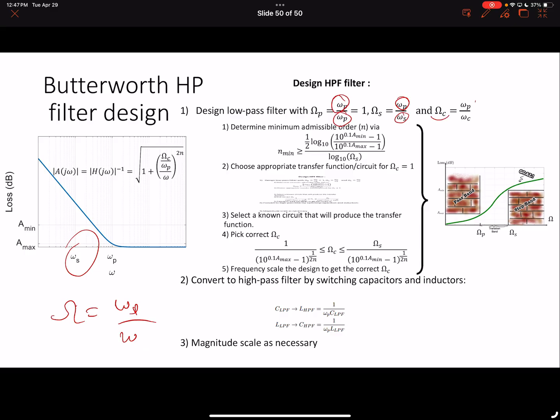And capital omega C is just omega p over omega C. Once we have these three parameters, we plug them into our design formula for the low-pass filter, and we design a low-pass filter. Once we design that low-pass filter, we just convert it to a high-pass filter. Is this clear to everyone? Okay.